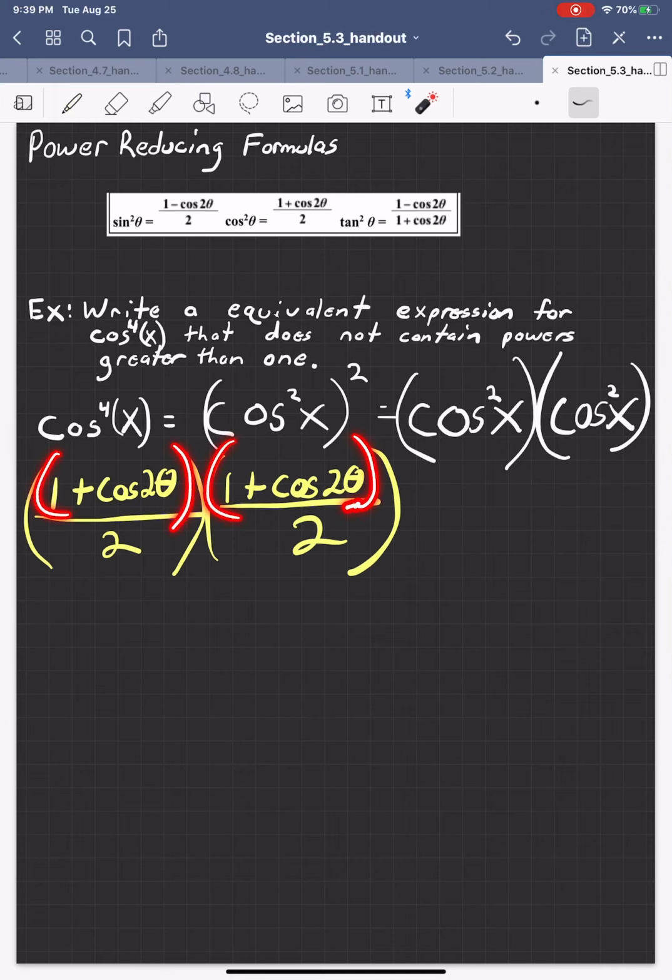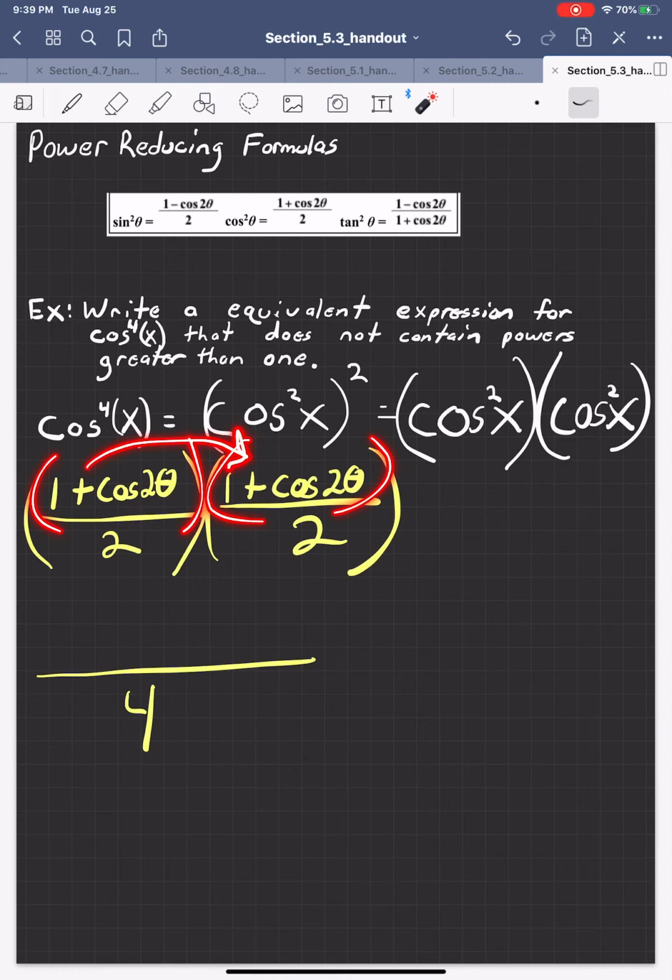So does it make sense to you that we're going to have to FOIL these numerators? I hope it does. So let's start with the denominators. Those are easy. 2 times 2 is 4. But now let's FOIL these numerators. Okay? So 1 times 1.